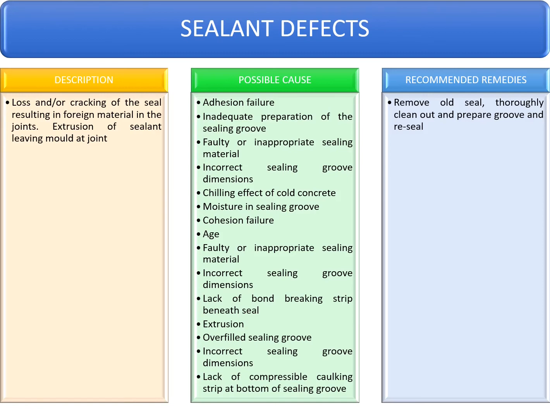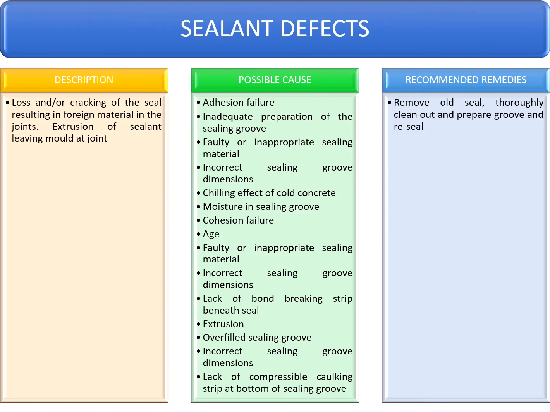So one can understand how important it is to maintain the dimension of the sealing grooves, or the dimension of the joints being cut in the transverse and longitudinal directions, because that directly affects the sealant defects in the form of adhesion failure, cohesion failure, or extrusion failure.